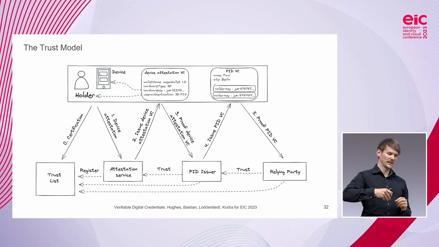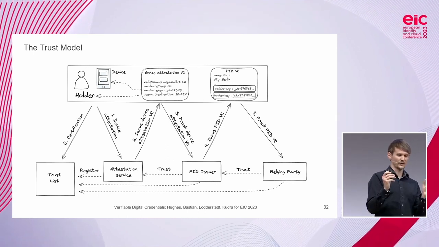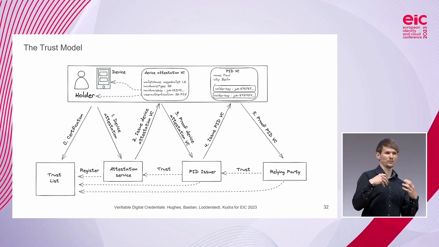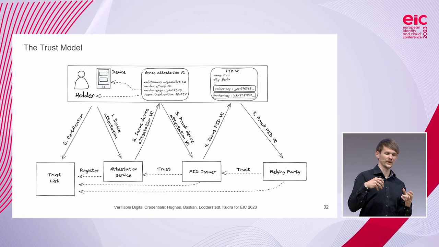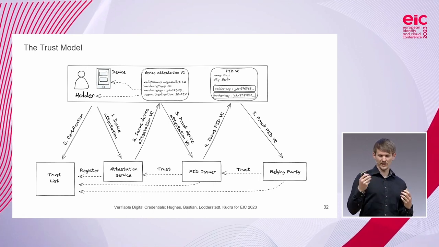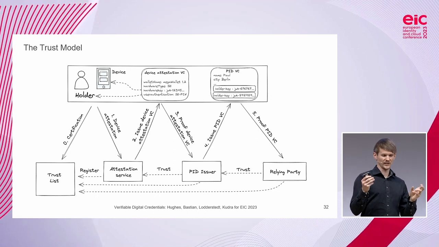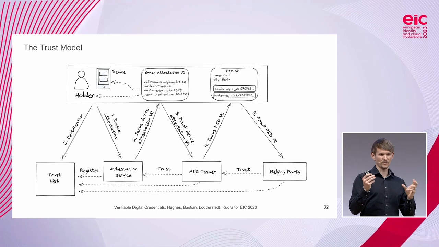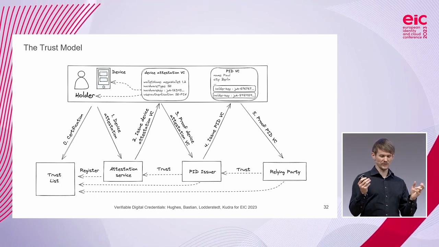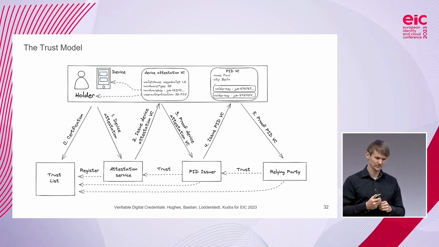And so what we need now additionally, and we don't get around it in regulated use cases, is that the wallet needs to be certified. It needs to go through an auditing process, a notification process. This is something that has to happen upfront. And this certifies the software from the wallet implementer as a whole. And this information will go into a trust list.